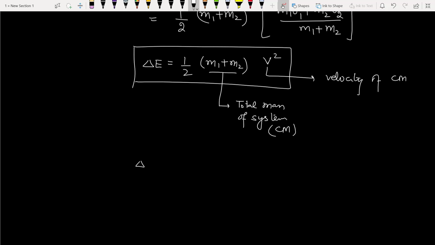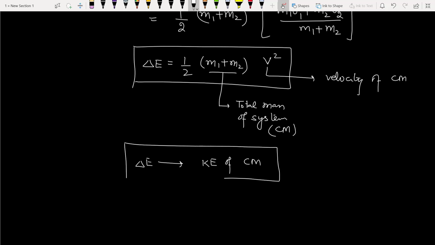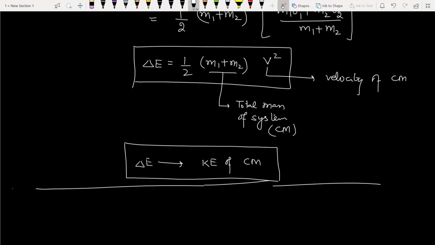So delta E, the energy change, is half the total mass times the center of mass velocity squared. It is the kinetic energy of the center of mass. When we reduce the two body problem to a one body problem, we end up with the change in energy equal to the kinetic energy of the center of mass.